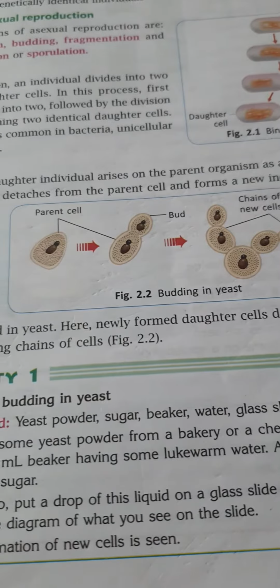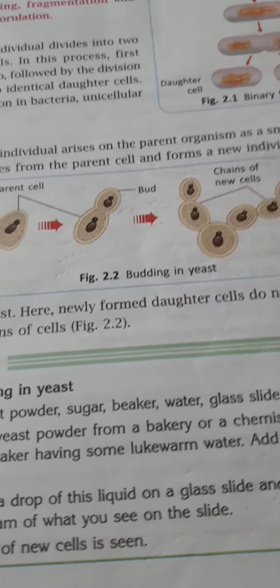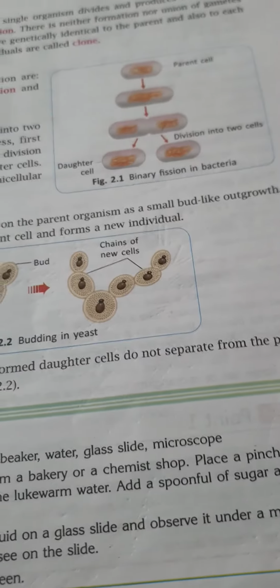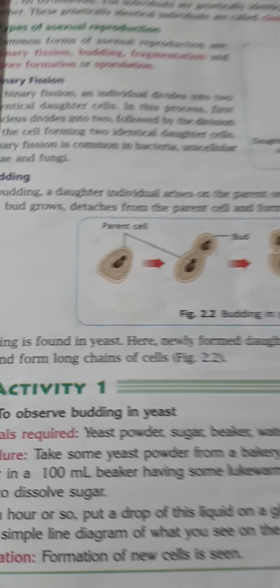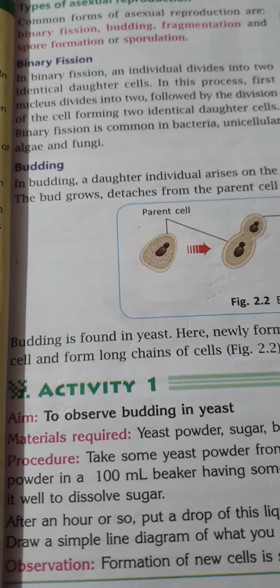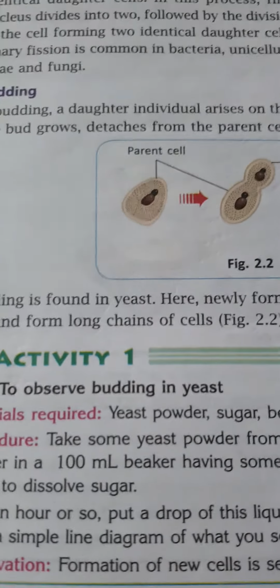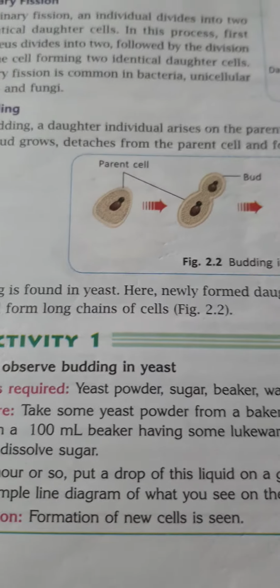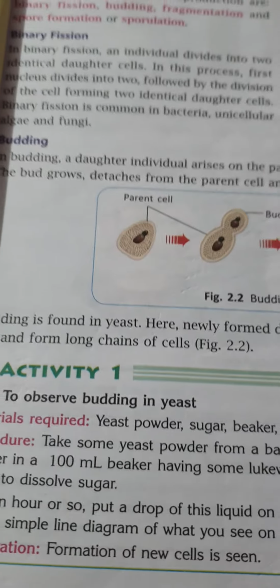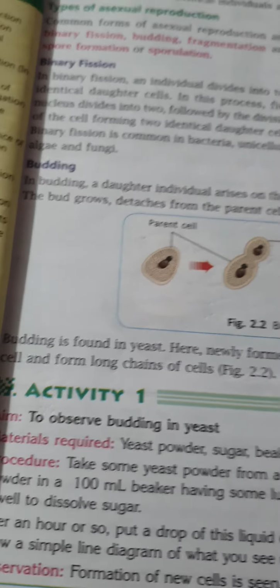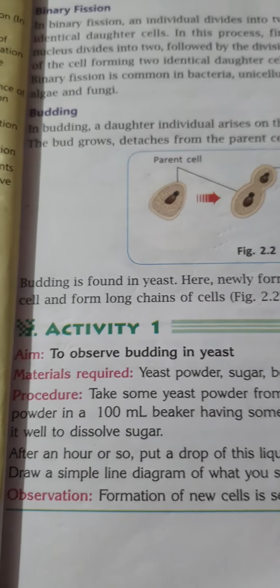After that, mix in the yeast powder which you buy from the bakery shop or the chemist shop. How much yeast powder will you take? A pinch. In 100 ml of lukewarm water, add a pinch of yeast and a tablespoon of sugar and mix both.